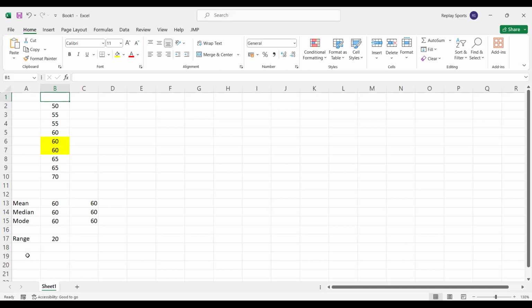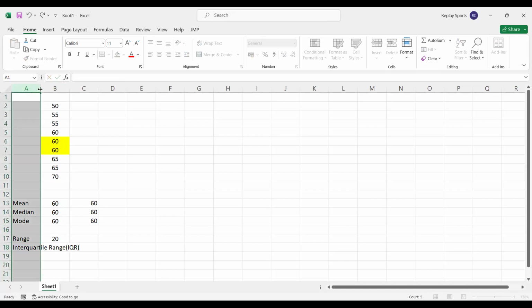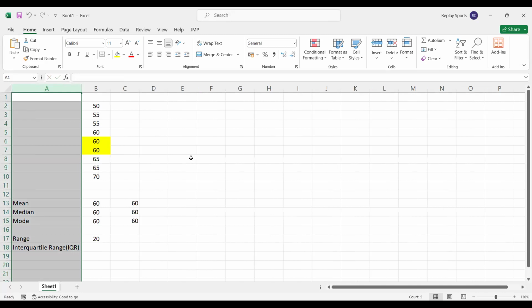The next one you have is called IQR, interquartile range. But before we do the interquartile range, we need to understand what a quartile is. You must have heard the word percentile, right? What is percentile?